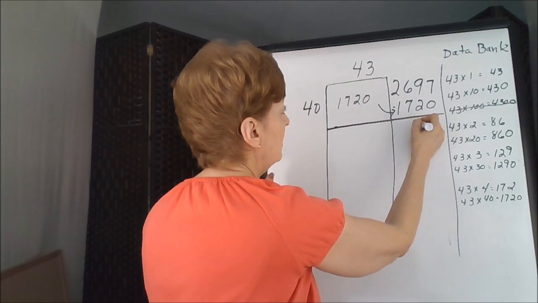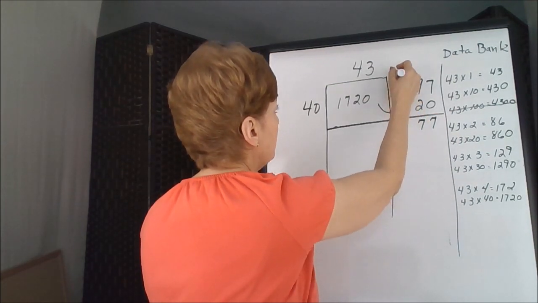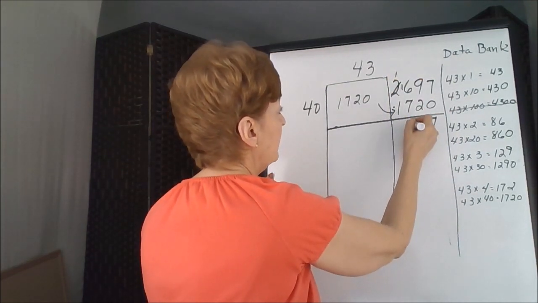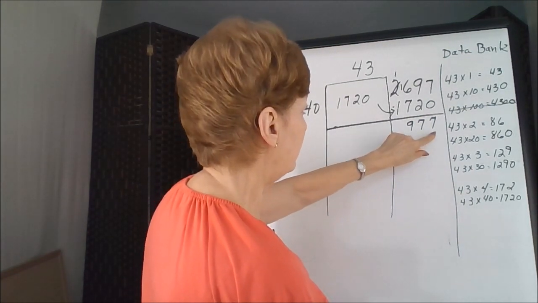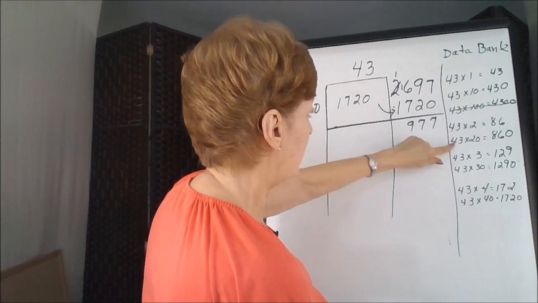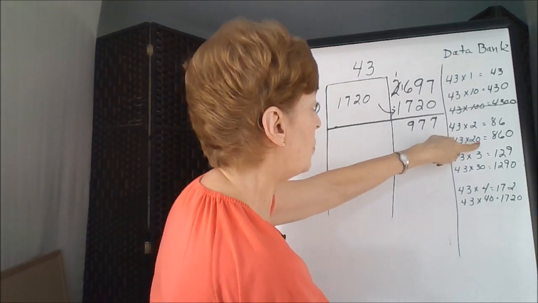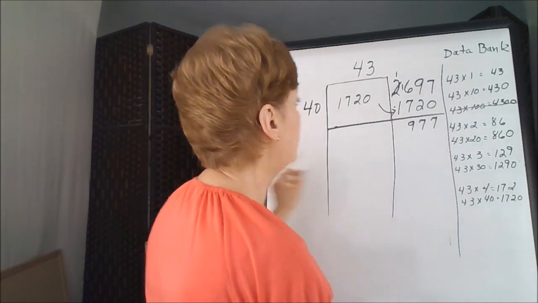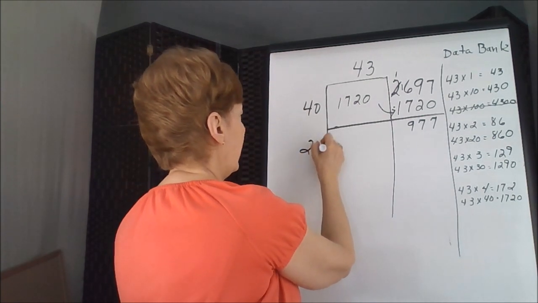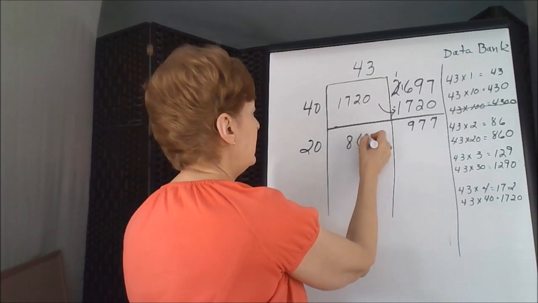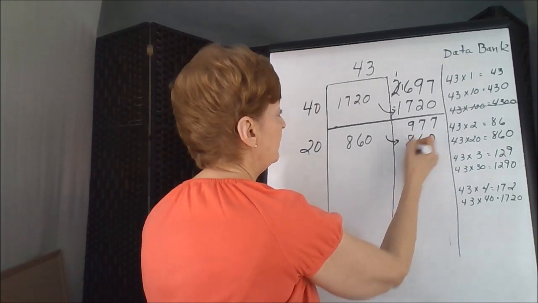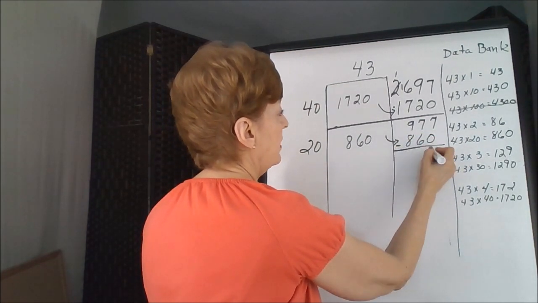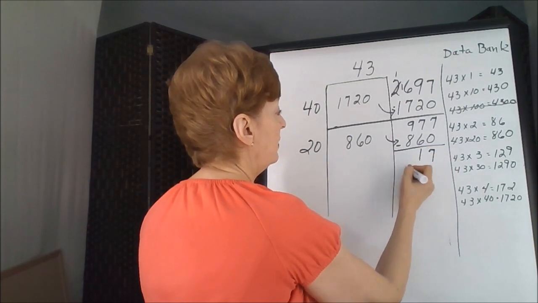So 7, 7, this would be a regrouping, and 9. 977. Well, here at 43 times 20, we have an 860. So let's take a 20 out. That's 860. That comes out in order to do the subtraction. 7, 1, 1.